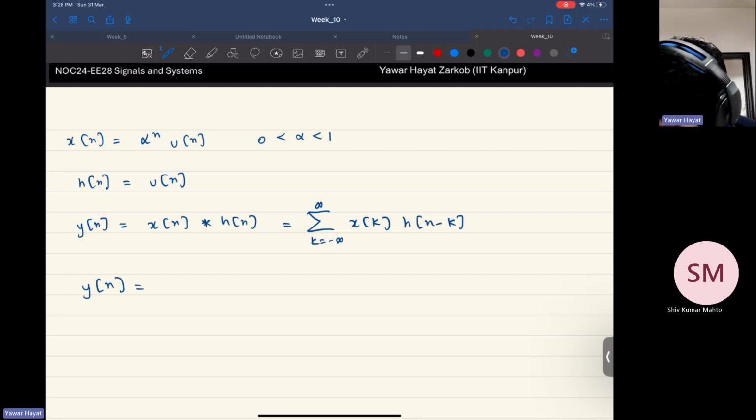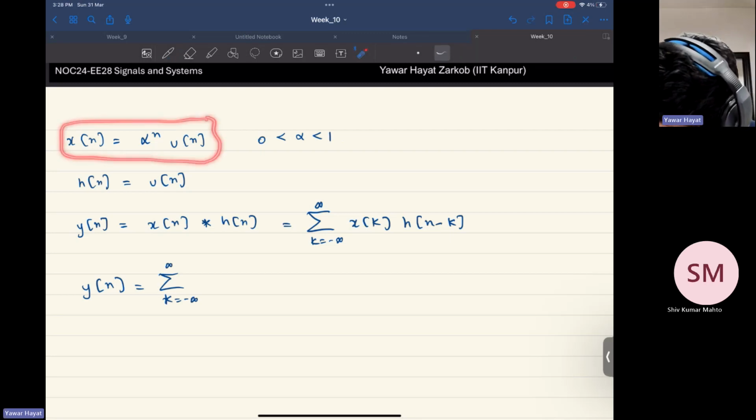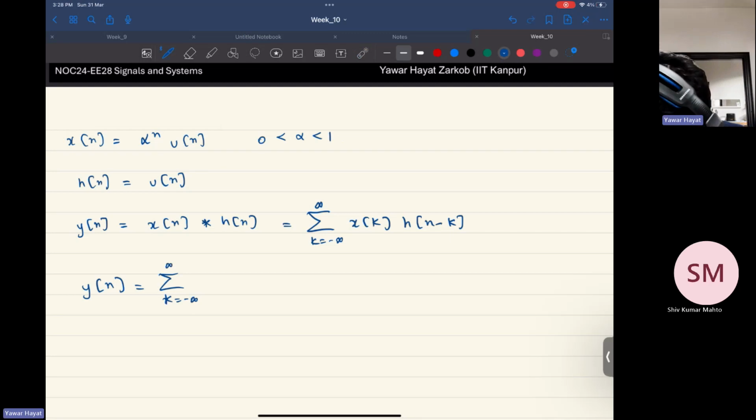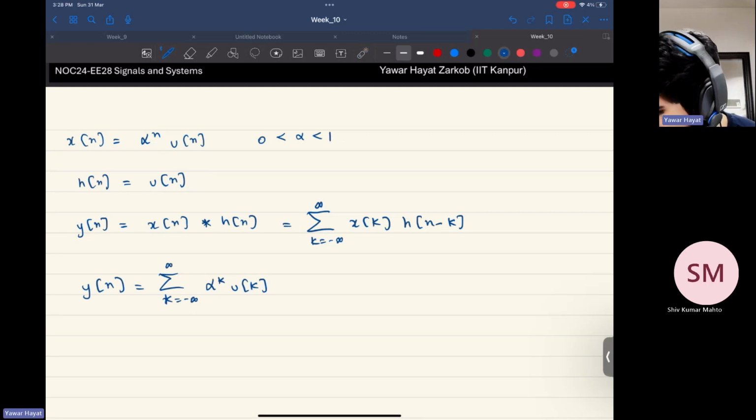What is x of k? X of n is this, so x of k should be alpha power k u of k. And h of n minus k, where h of n was u of n, should be u of n minus k.